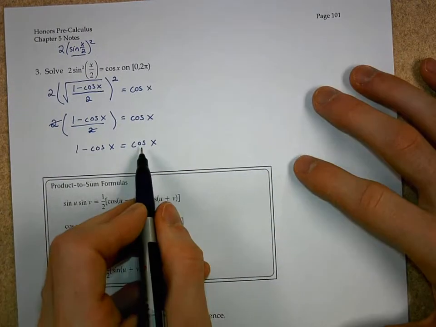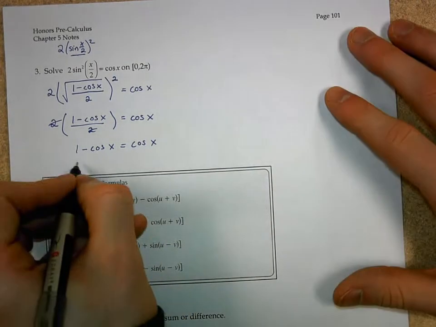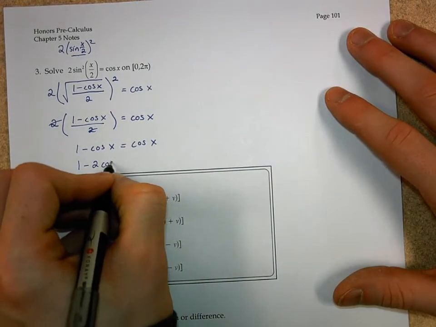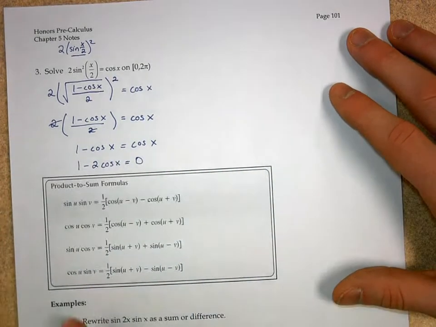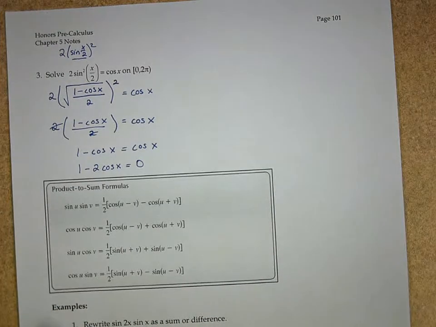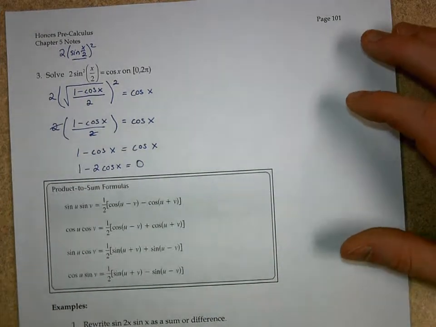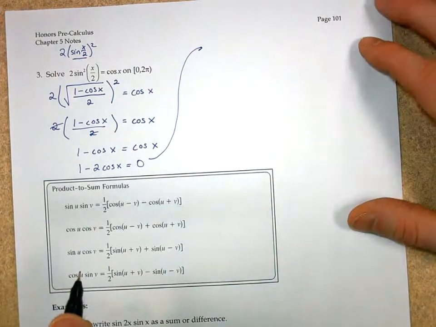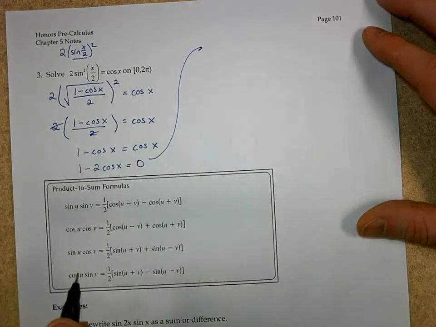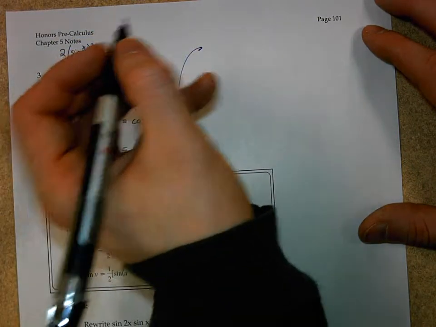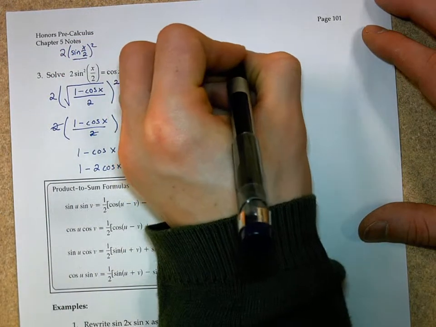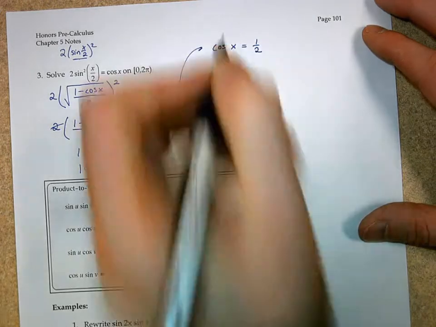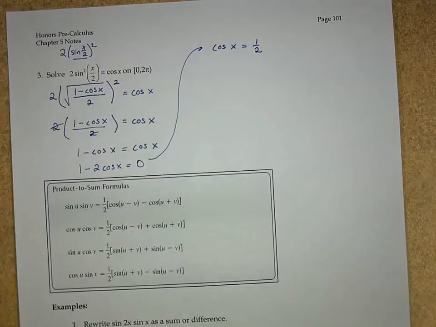Combine our like terms by bringing our cosine of x to the left-hand side. So 1 minus 2 cosine of x is equal to 0. And then let's get the cosine of x by itself. So we'll subtract 1 and then divide by 2. So the cosine of x is equal to 1/2.